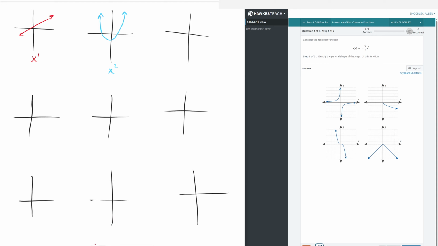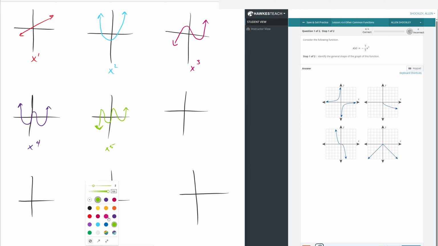If we go one more, we have x to the third power, and it'll look something similar to this. If we have x to the fourth, it'll look like that. And from here on, most of everything that we do is going to follow this pattern.